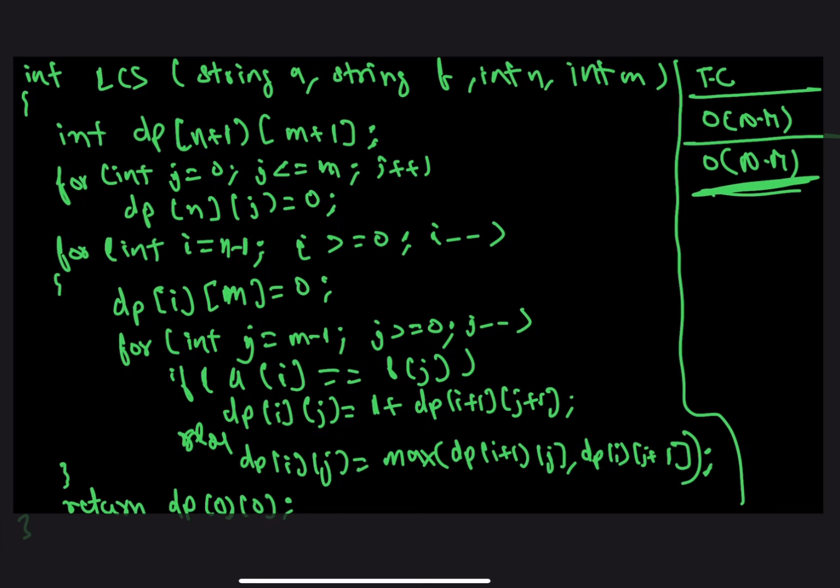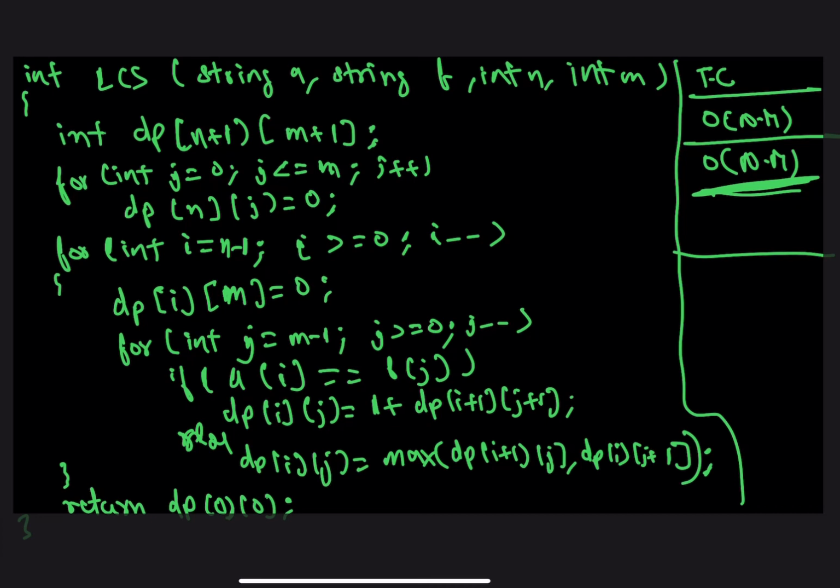Now it is also possible to solve this problem in a smaller extra space. We will see how to do that in the next video, when we code up the tabulation version of this entire code on a compiler, and see if our code works or not.